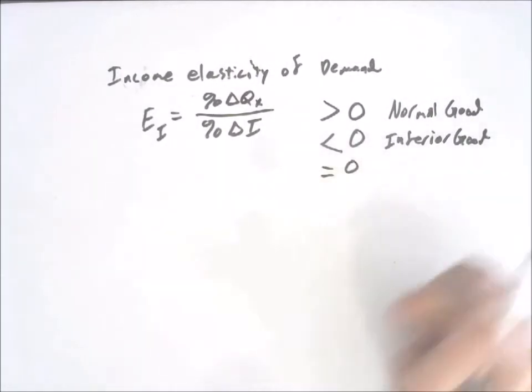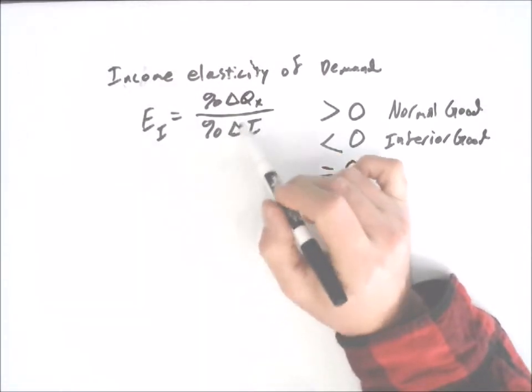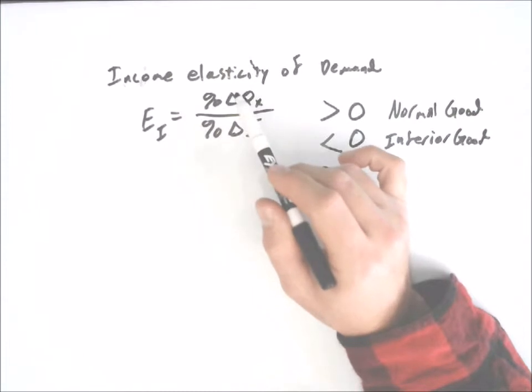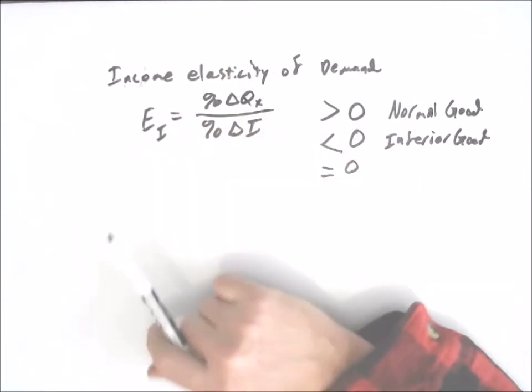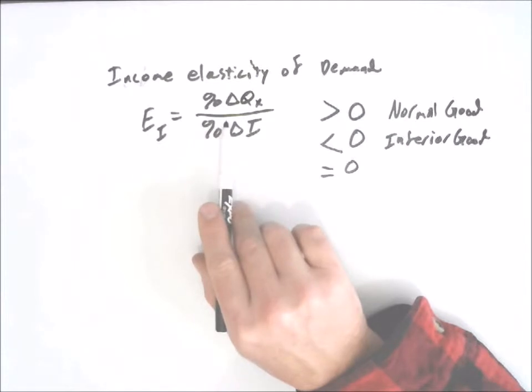Now, if this value equals 0, that means I can change my income level all I want and I am not going to change the demand for that product. We can think of, for instance, insulin. Insulin-dependent diabetics' demand for the product is going to be the same regardless of their income level, because you can only take so much of it.